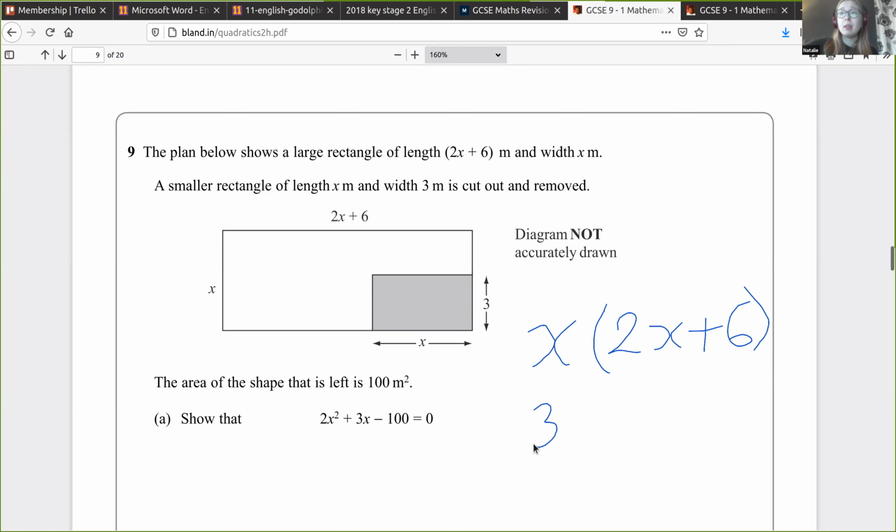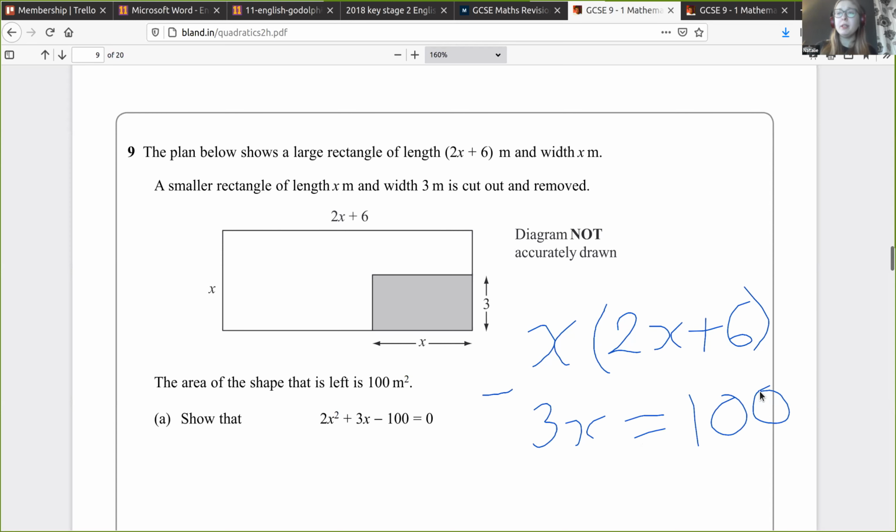So that's 3x. Excellent stuff. Now we know the area of the big bit minus that is equal to the area of the shape that is left, which is 100. So we've got x bracket 2x plus 6 minus 3x is equal to 100.